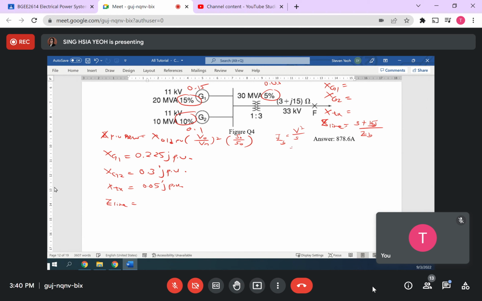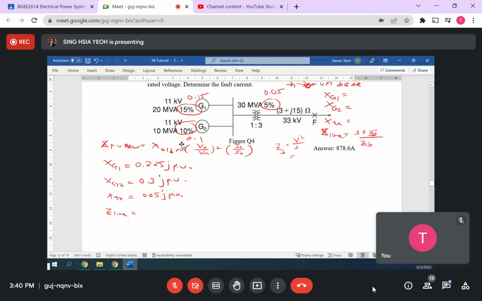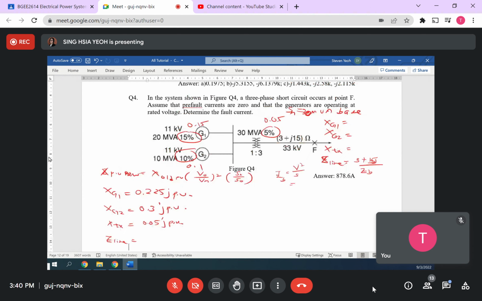So you need to use this V squared over S, where V is 33 kV and S will be 30 MVA that we set here. Then Z line will be 3 plus 15j divided by this Z base value.